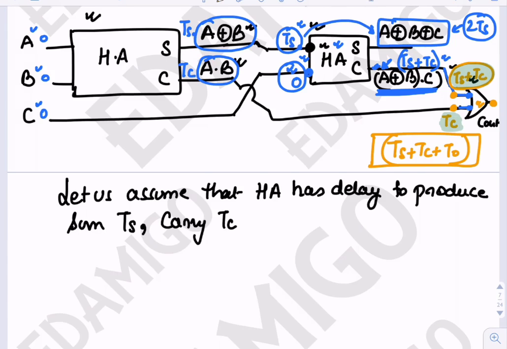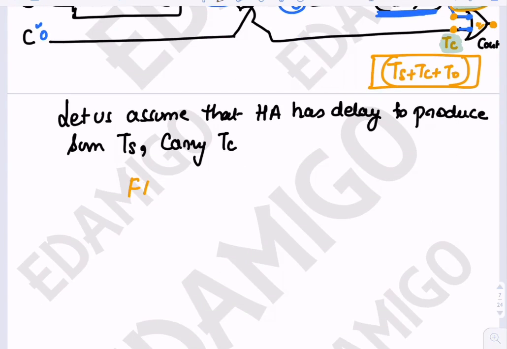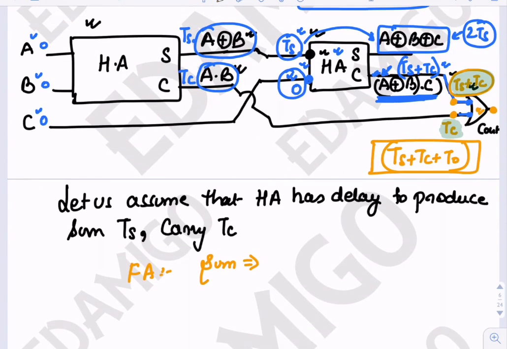Okay, so the full adder will have the sum output available only after 2TS time instants and the carry output only after TS plus TC plus TO time instant.